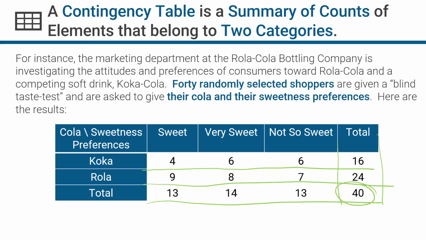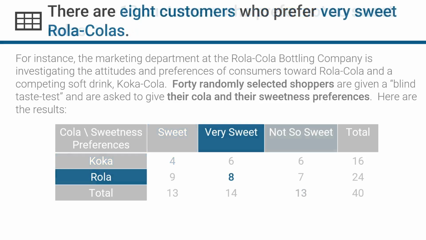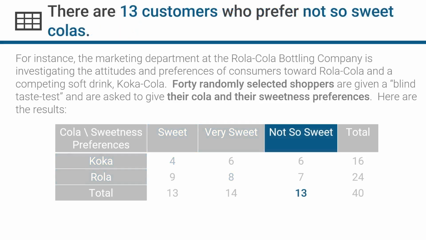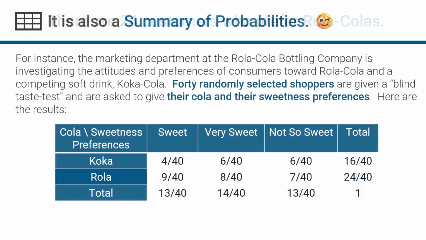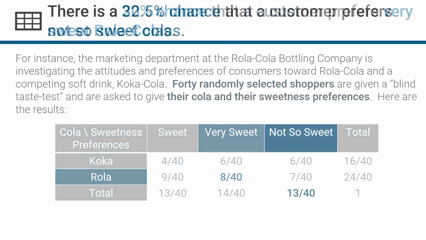Now we have 4 that is very sweet, and then Rola Cola sweet and not so sweet, a total of 13. So for everything in terms of probability, we divide everything by 40, because they are all collectively part of a probability. As you can see here.